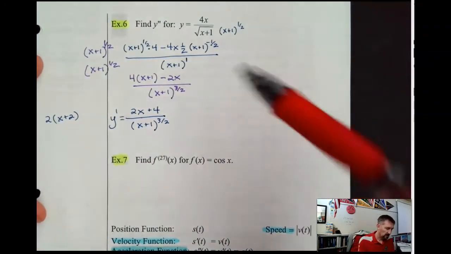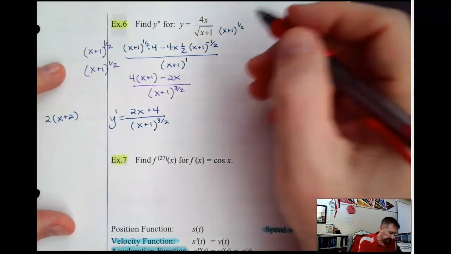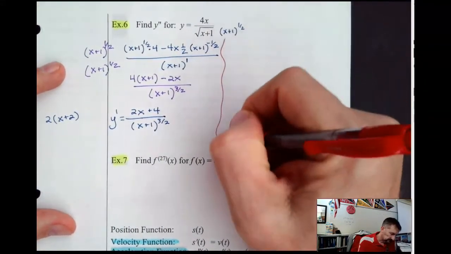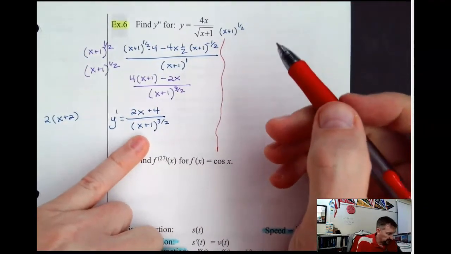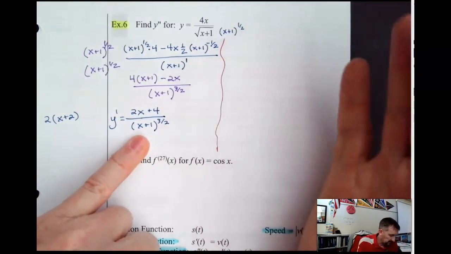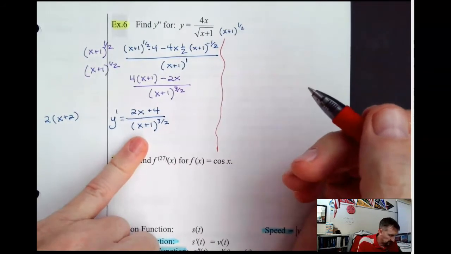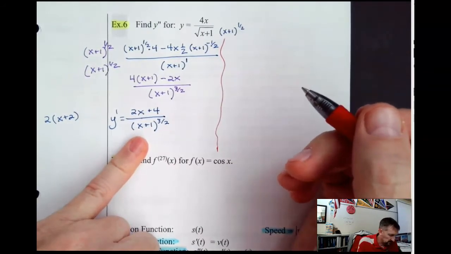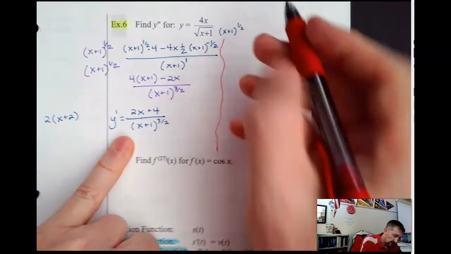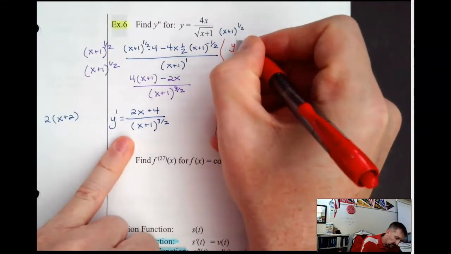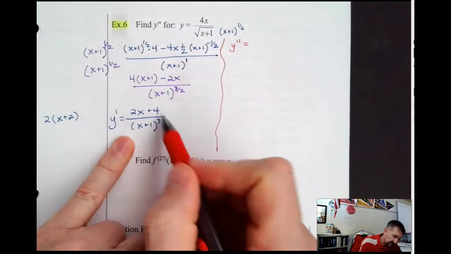So, okay. Now, this could get a little bit tricky here. Well, let's see. So we need to find y double prime. So now we need to take the derivative of this.